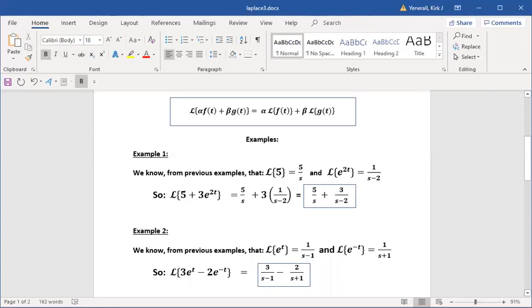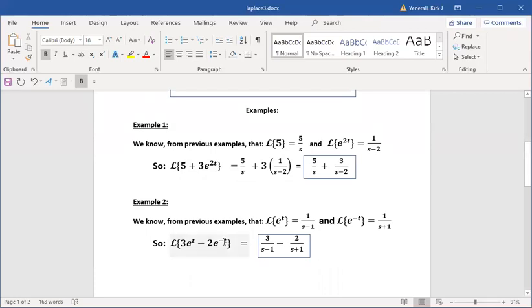As another example, suppose we have a difference of two exponentials, and we want to know what the Laplace transform is for this difference of exponentials. We want to know what the Laplace transform of 3e to the t minus 2e to the minus t is. Well, we can find that using the linearity property. We know on one hand that the Laplace transform of e to the t will be 1 over s minus 1.